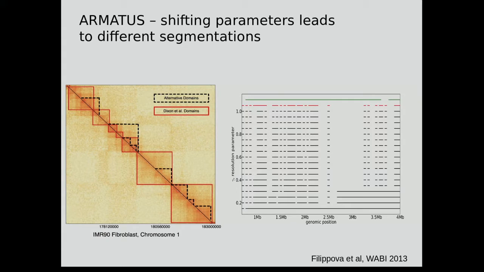One more word about Armatus. This is, to my knowledge, the first approach that was openly trying to at least pose the problem of finding the hierarchy of those domains. It is using a gamma parameter that you can tune, and if you tune it, you get different segmentations.